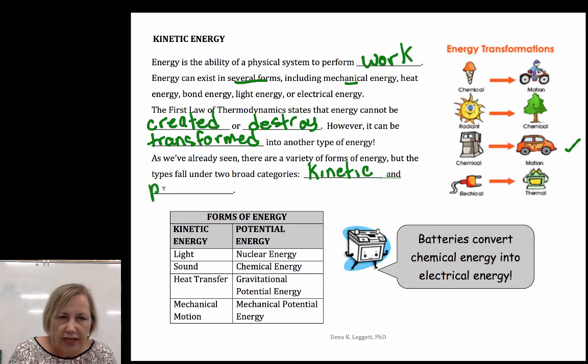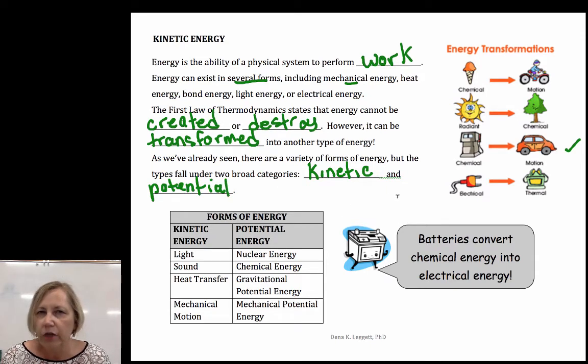and potential energy. Now, kinetic energy, I think, is a little easier to wrap your mind around in chemistry than is potential energy. Potential energy can be challenging, and I'll be addressing that in a different video. But if we look at examples of those: kinetic energy, energy of motion, light, sound, heat transfer, mechanical motion; potential energy, we've got chemical energy, nuclear energy.